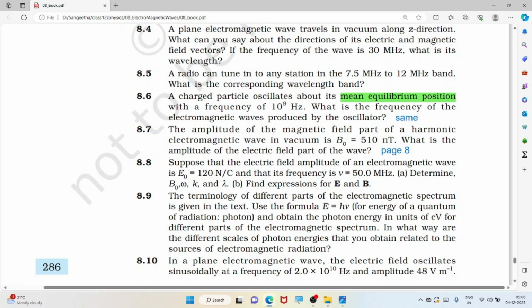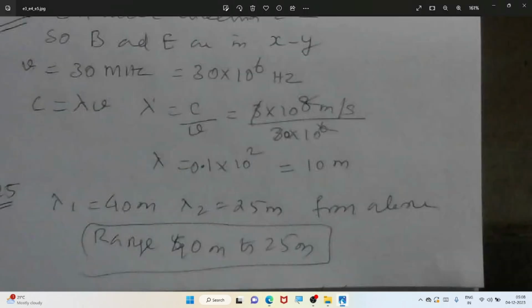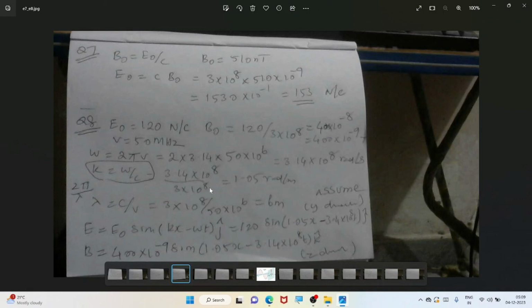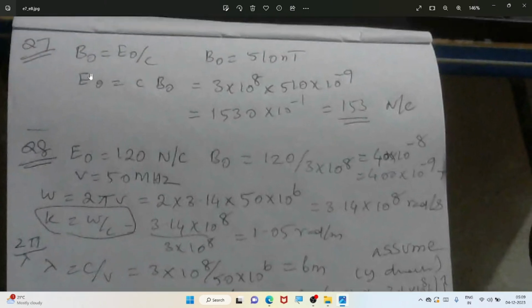The amplitude of the magnetic field part of the harmonic electromagnetic wave is given. What is the amplitude of the electric field? We have to use the relation between electric and magnetic field and the velocity of light. Magnetic field equal to electric field divided by the velocity of light.